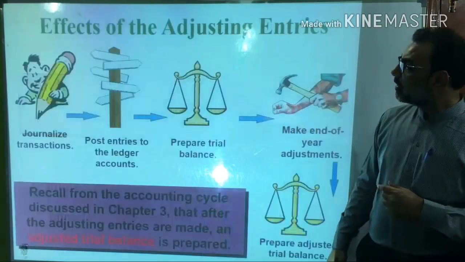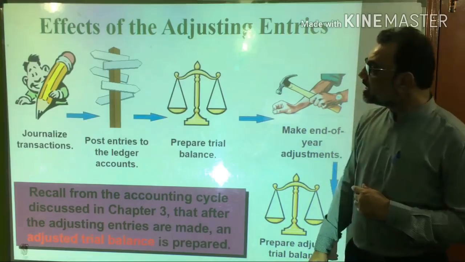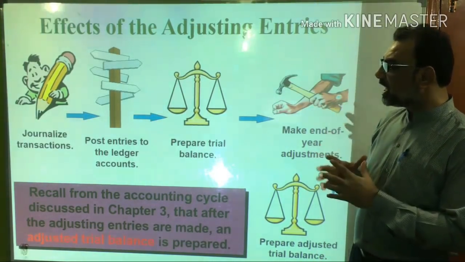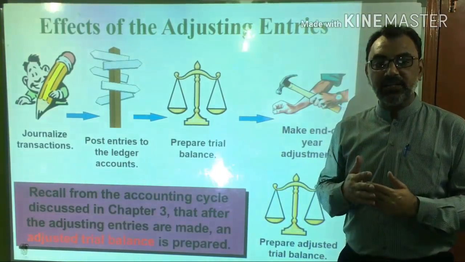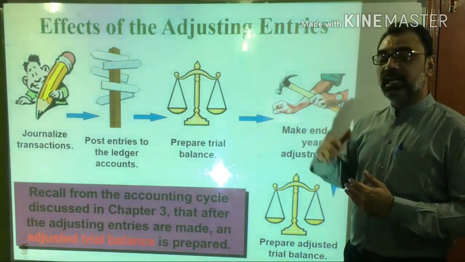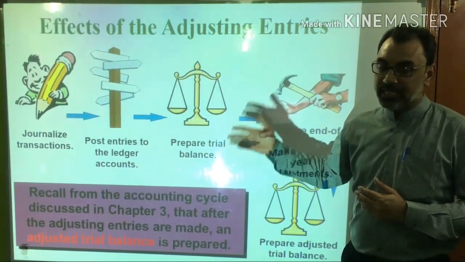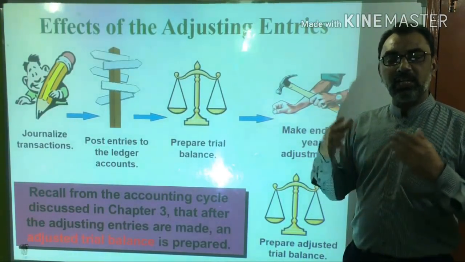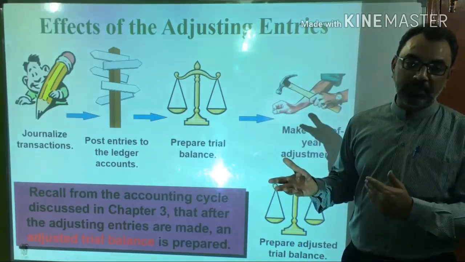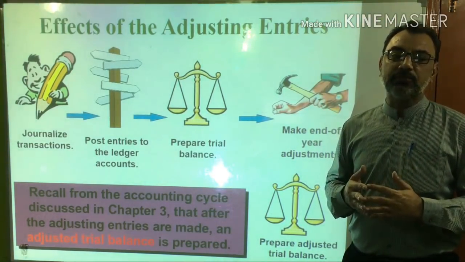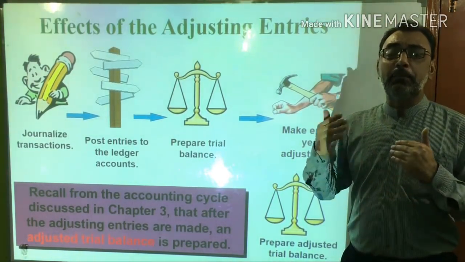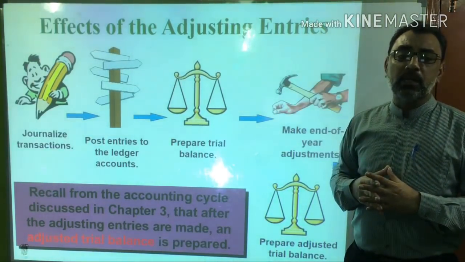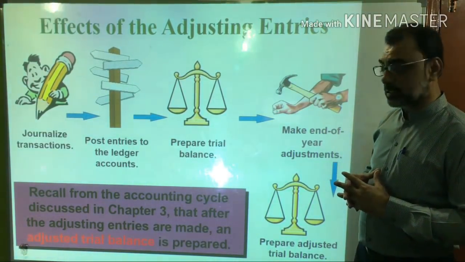So this is all. We have noticed that we have posted the journal entries, and after journalizing we copied the journal entries and posted them in the ledger accounts like T accounts with their respective heads, and after posting them in the ledger accounts we carried the balance forward to the next step, that is the trial balance.